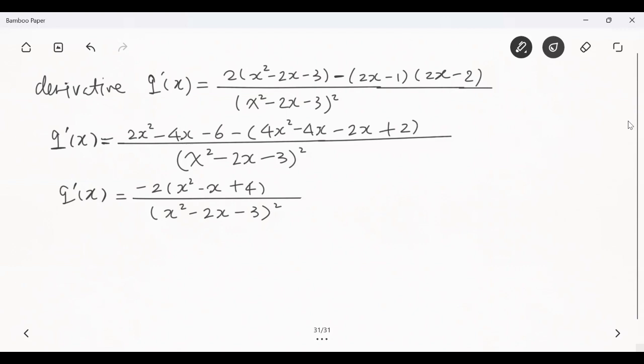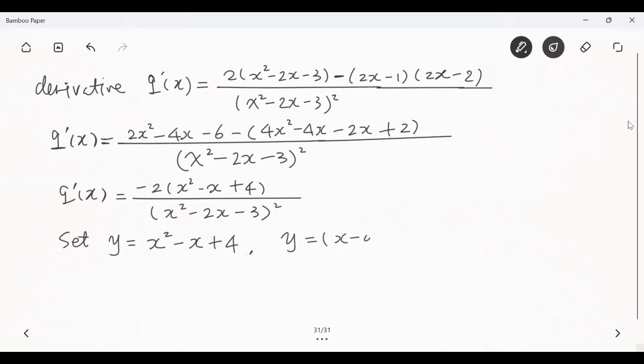We can see the denominator is a square, so it's always positive. And then we discuss the numerator. We can set y equal to 2x squared minus x plus 4. So we just take y equals x squared minus x plus 4. Okay, this is quadratic, and we can change it to vertex form.